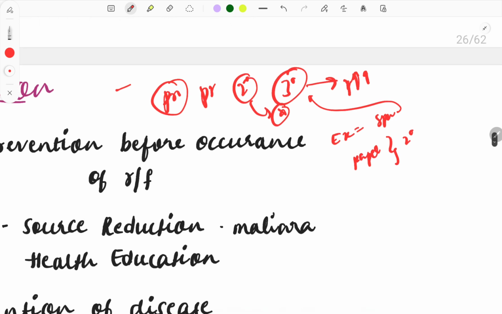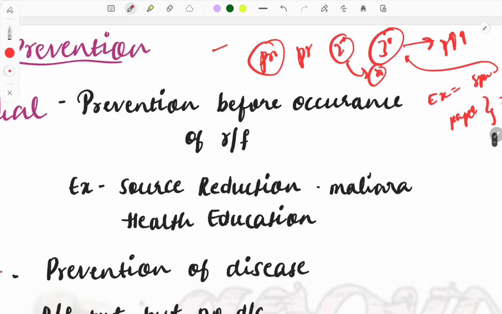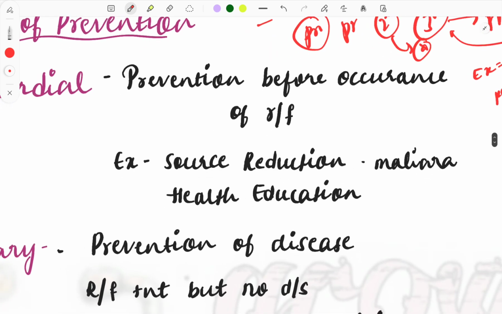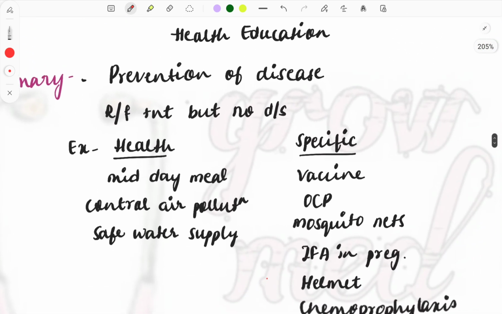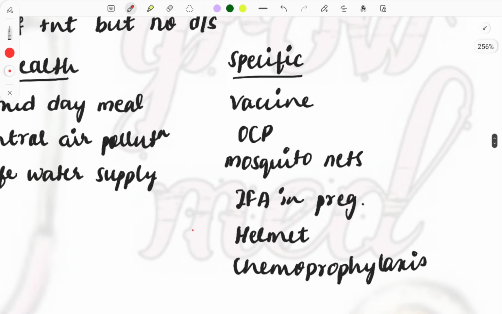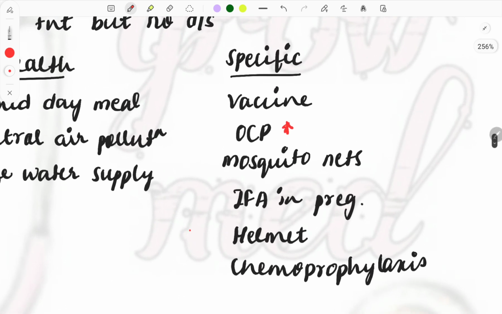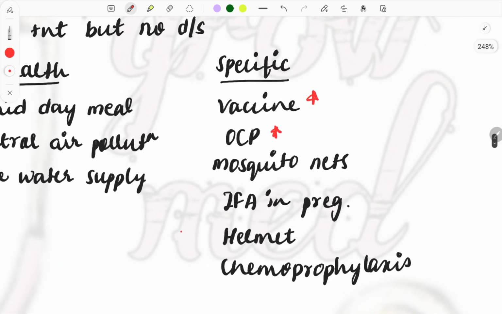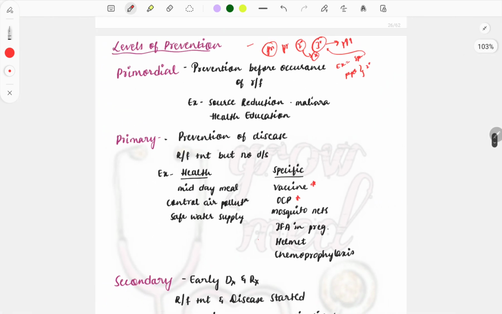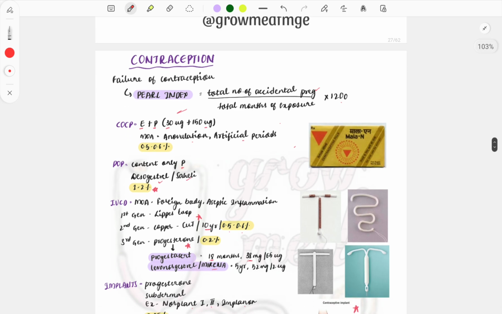Then in case of primary it will be like source reduction for the malaria, for the primordial it will be source reduction and the health education, and for primary it is things like midday meal scheme, control of the air program, OCP, this was a PYQ. Then vaccines, this is also a PYQ. Okay, so these are the levels of prevention.